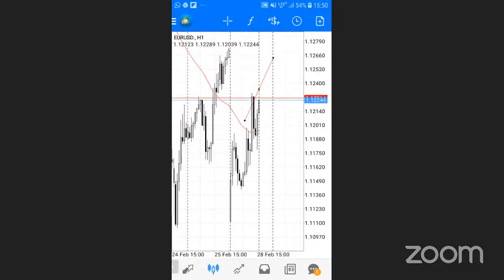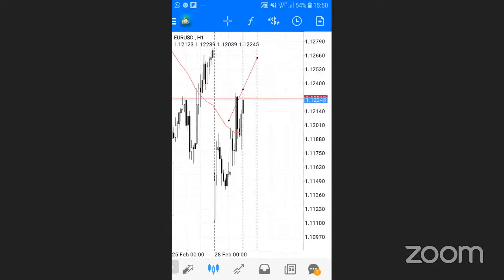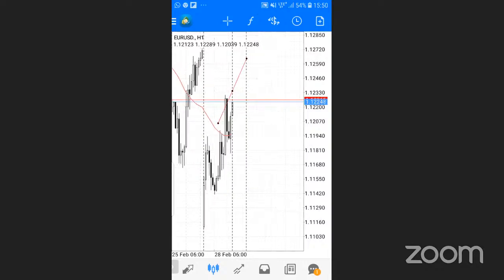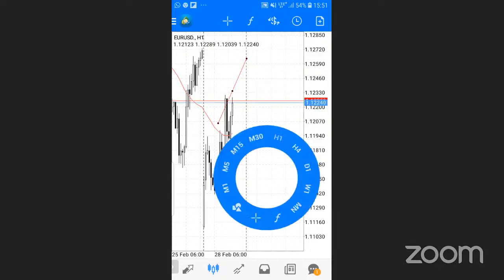Remember, we said we are not buying at any point from where price has moved above your moving average. Now, if price is coming back to retest the trend, the moving average, as price is moving, the moving average is moving with it. If price is coming back to retest the moving average, this is what we'll have.